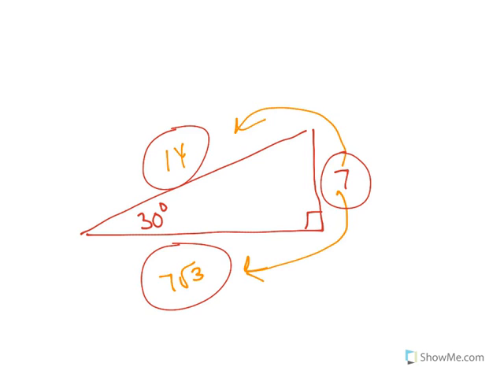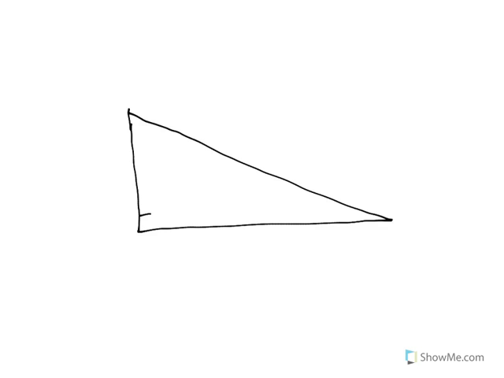And let's do one more easy one. So here's my right angle. Let's say my 30-degree angle is over here now, which means my 60-degree angle is up here.